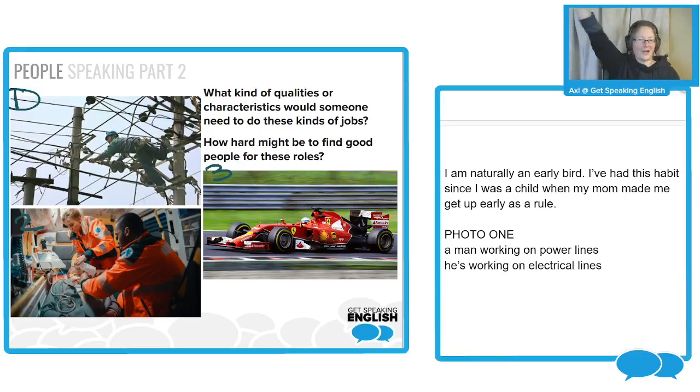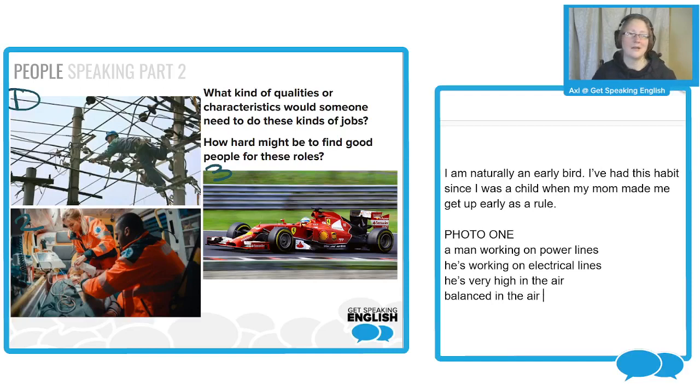And he's very high in the air. It looks like a really dangerous job. He's kind of balanced there. We might even say that he is precariously balanced.